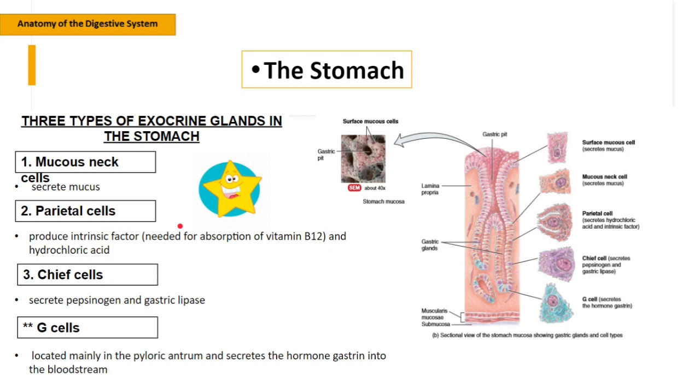The question is, what is the type of cell that produces intrinsic factor? And the answer to that is your parietal cell.